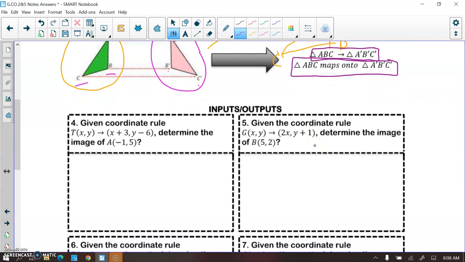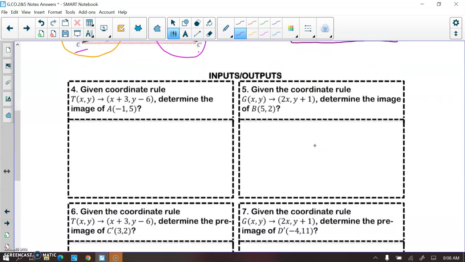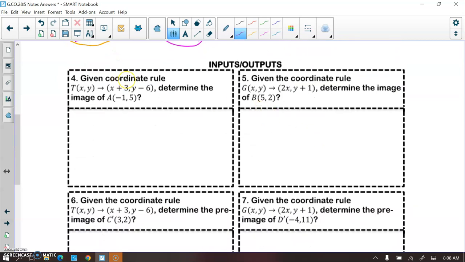All right, so we're connecting this back to algebra. So we looked at numbers 1, 2, 3 were the input-output machines for our algebraic equations. Now we're doing input-output machines for coordinate rules to transform a point on a graph.